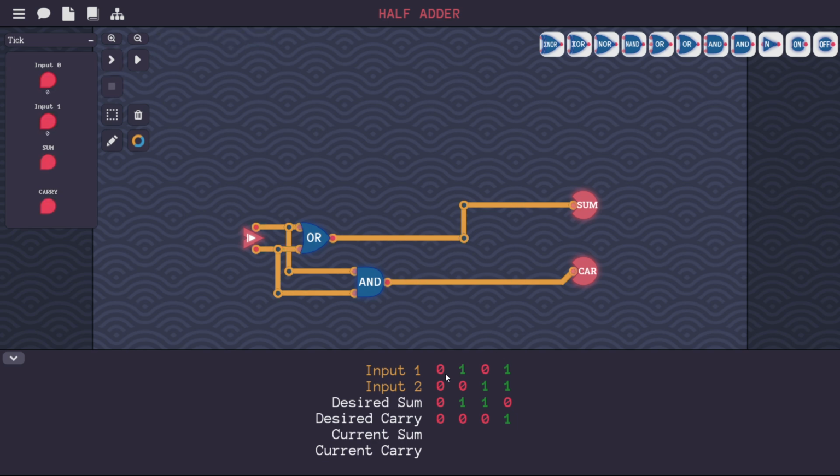So let's start with this. 0 plus 0 is 0. 1 plus 0 is 1, which is the same. And the desired sum is 1, which is still okay.